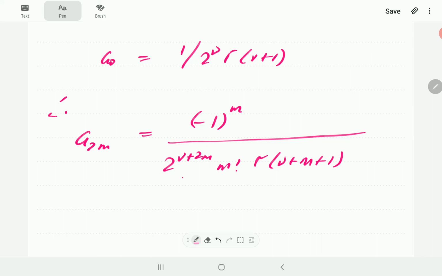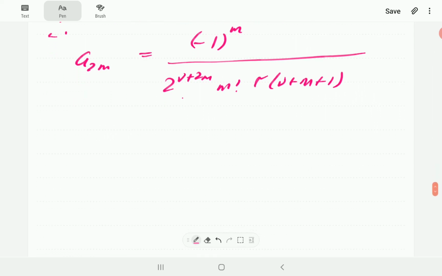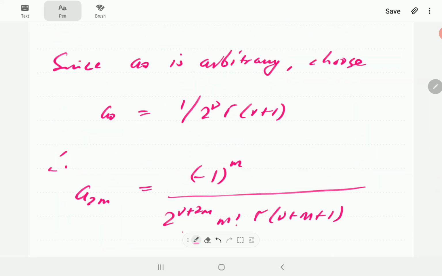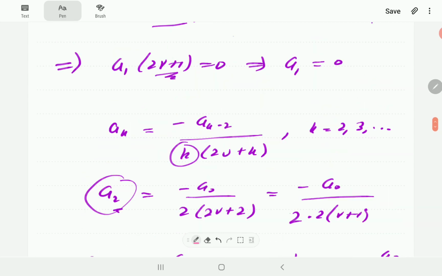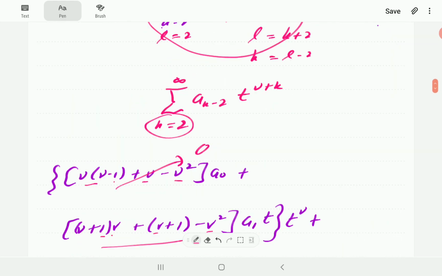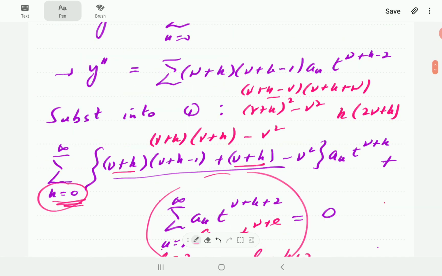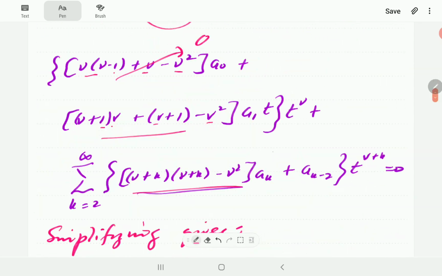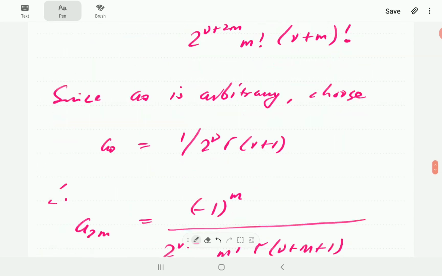So then our solution y of t, remember this is the coefficient of t to the power nu plus k here, okay? So our solution y of t is going to be expressed as follows.